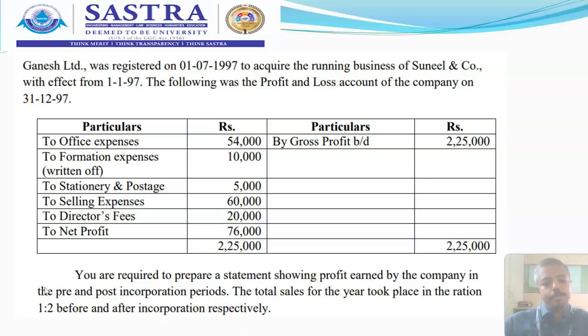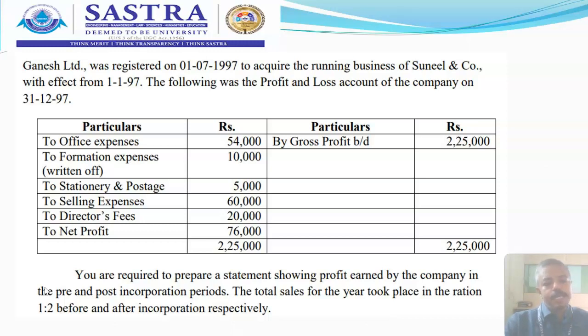The question itself gives 1:2 in the last line. The time ratio is what we need to calculate. So, take down all the dates. 1st July 1997 was the registration date, that means the incorporation date. Whatever months or periods are there before this date, we call the pre-incorporation period.